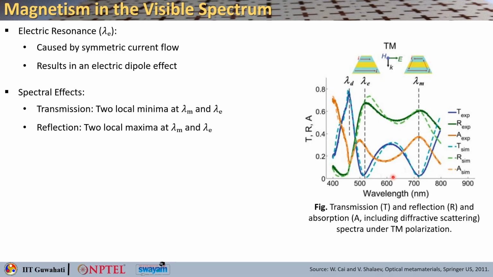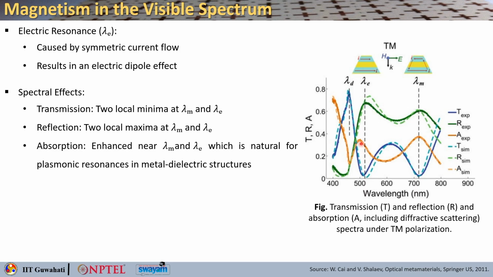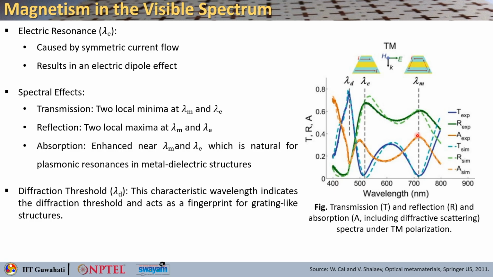To summarize, in the transmission you see two dips, one at lambda m and one at lambda e. In the reflection you see two local maxima, at lambda m and lambda e, and the absorption is also enhanced near those, because this is from the plasmonic resonance.